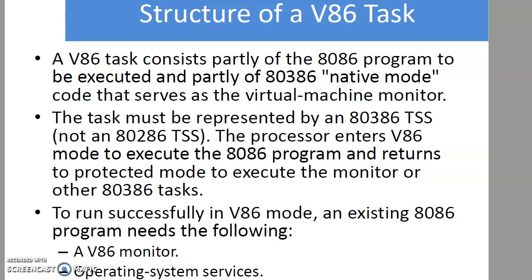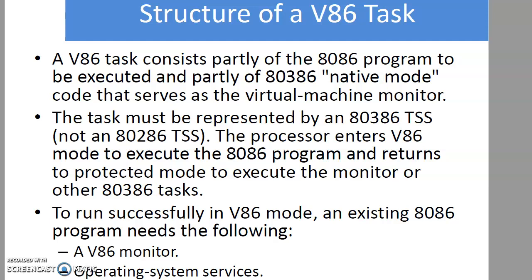So basically the processor enters into virtual 86 mode to execute the 8086 program, using the TSS feature of the 80386, and it returns back to protected mode to execute the monitor or other 80386 tasks.